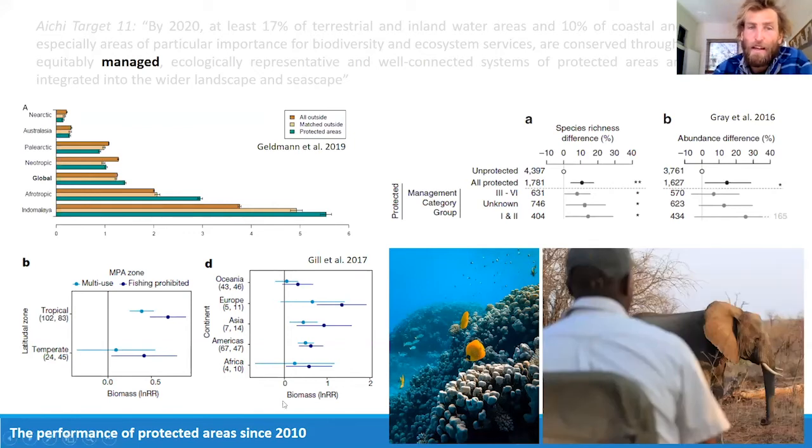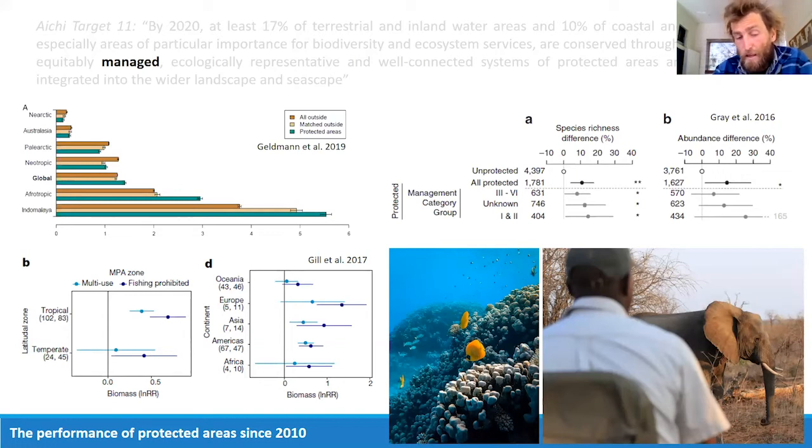There have been very few studies on the outcomes of social impact, social metrics from protected areas. When I say outcomes, I mean controlled studies, where we have matched sites or other techniques to avoid confounding variables. But some of the studies that have done this looked at the social impacts of protected areas.